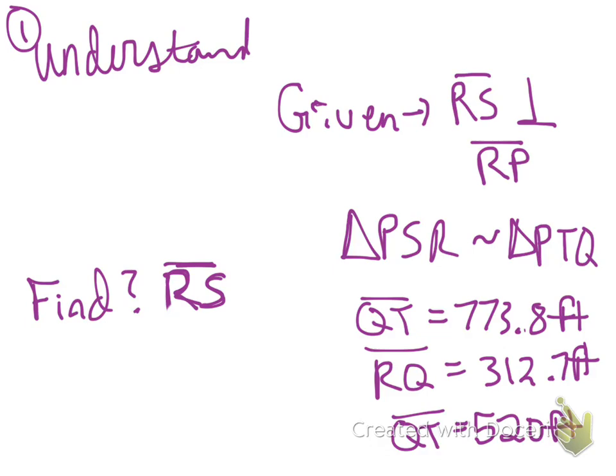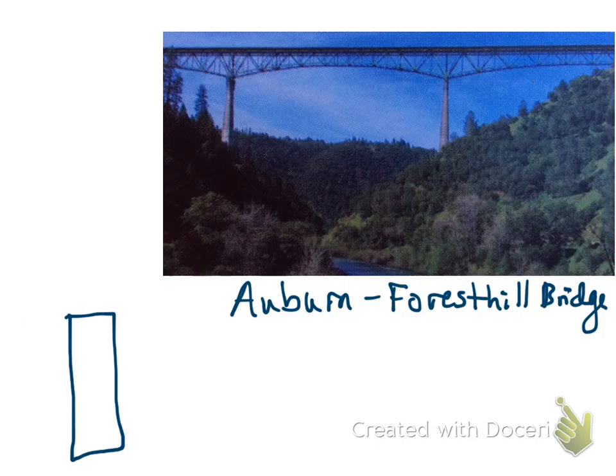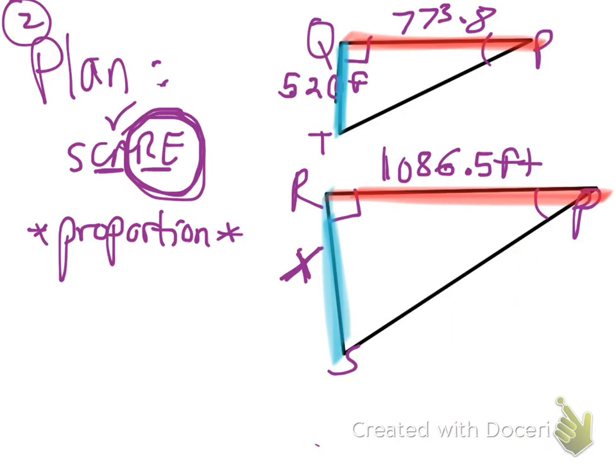Right, so if I were to go back and look at this picture, the center of this bridge here goes down to the American River. That is a 730 foot drop, approximately.